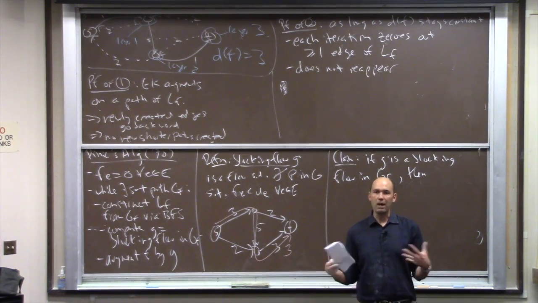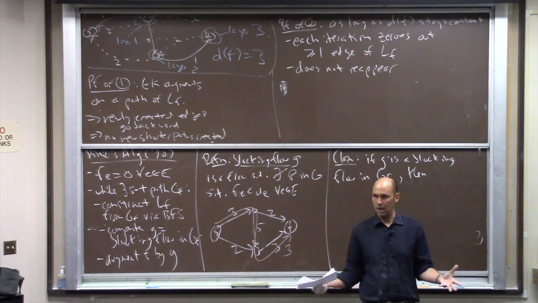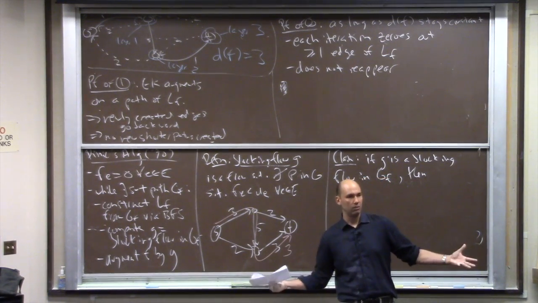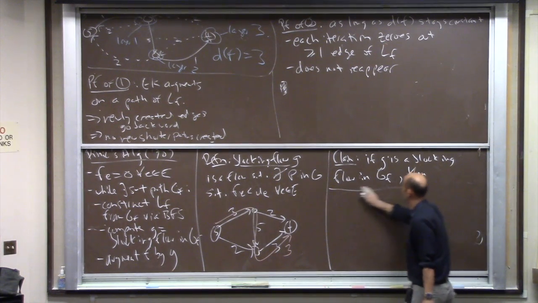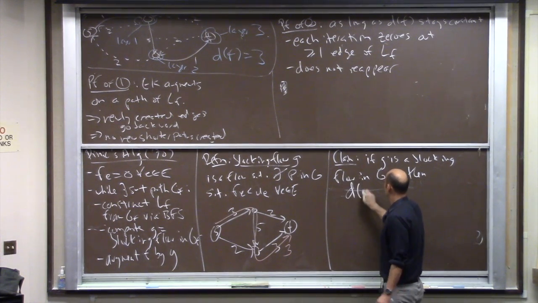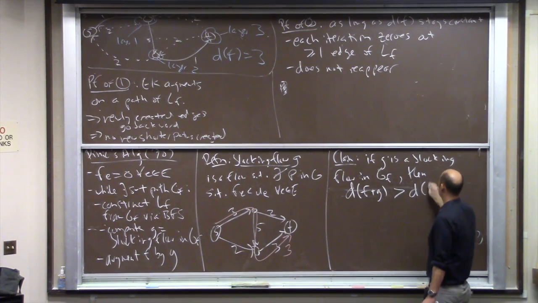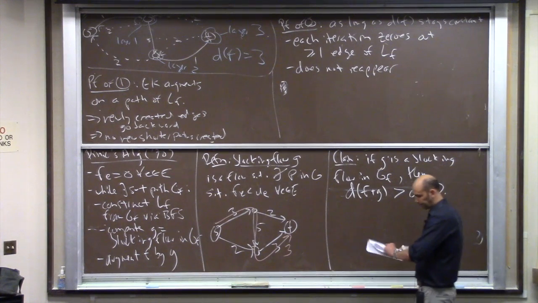That means we don't have to do more than n blocking flow computations before we're done. Because again, remember, once S and T are n hops apart, they're infinitely apart, and we're done. We have a max flow. Then the distance between S and T in the residual graph after the augmentation is strictly bigger than what it was before the augmentation. Okay? So that's on exercise set number 1.